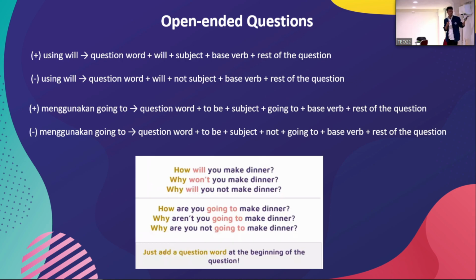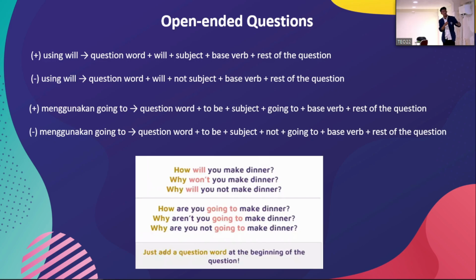The negative form is the same, but you use will and then not, subject, and then base verb, and then the rest of the question. And when you want to use going to, the formula is question word, and then to be, and then subject, then going to, and then base verb, and then the rest of the question.